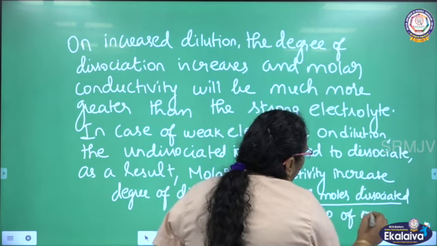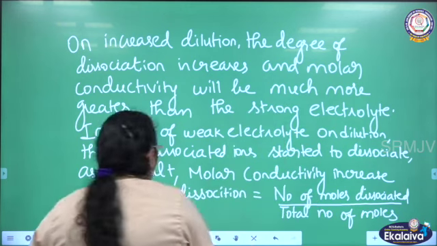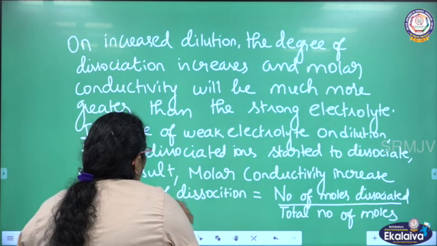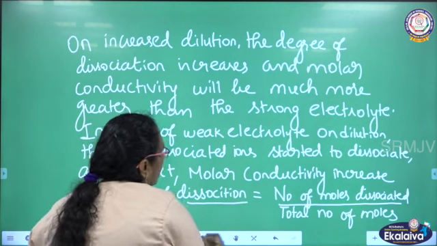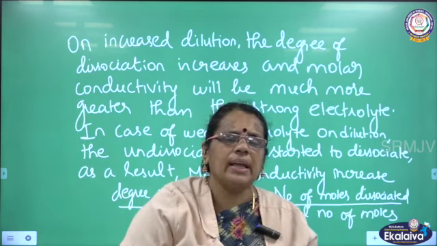Out of the total number of moles of the electrolyte, the number of moles that are actually dissociated gives the degree of dissociation, which is indicated by alpha.